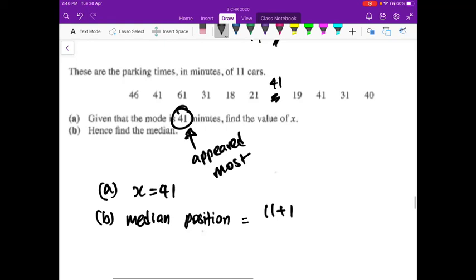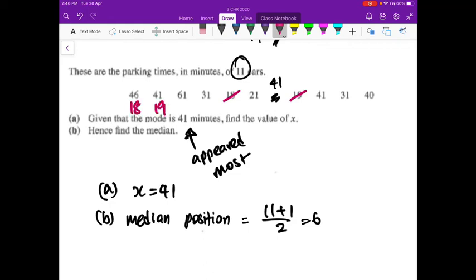11 plus 1, 11 cars. Then we divide by 2, we get number 6. Position number 6. So which is position number 6? Let's arrange first. What's the smallest? 18, 19.